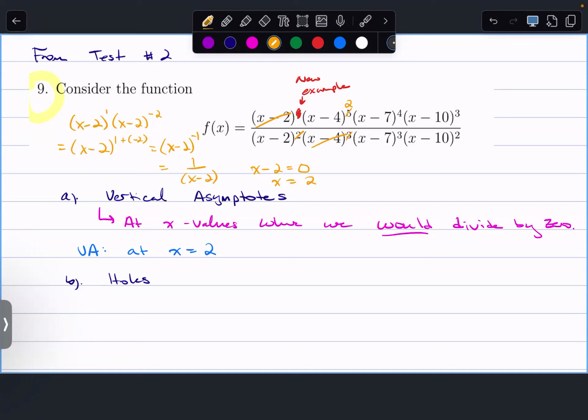So it's no longer a possible vertical asymptote at x equals 4, but it was there originally, so it is still a troublemaker, but it makes a hole instead.